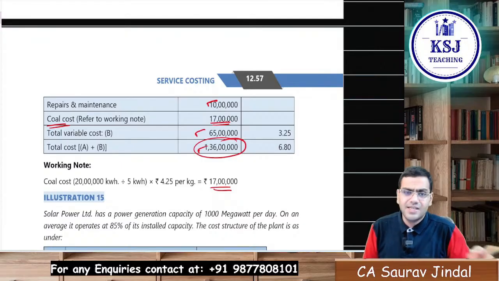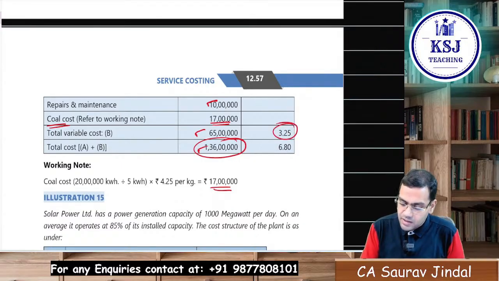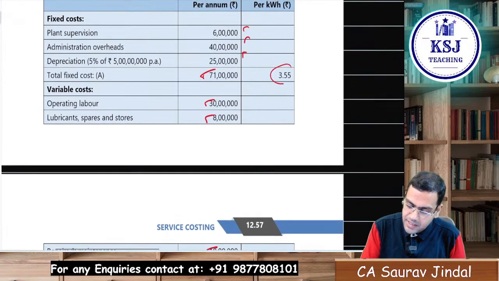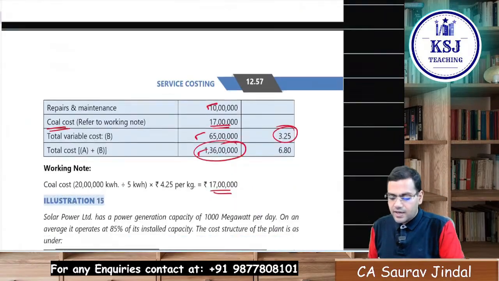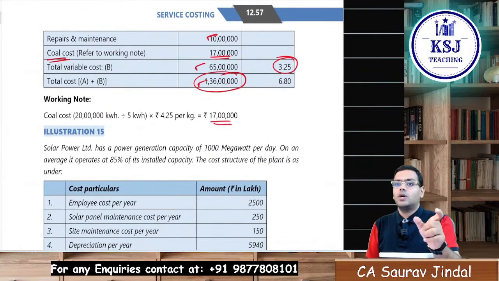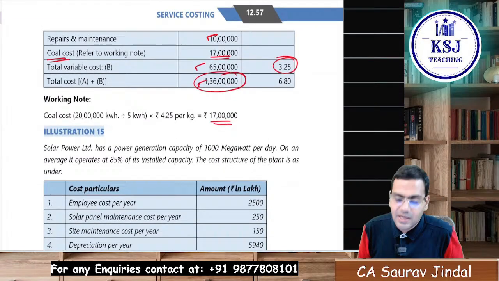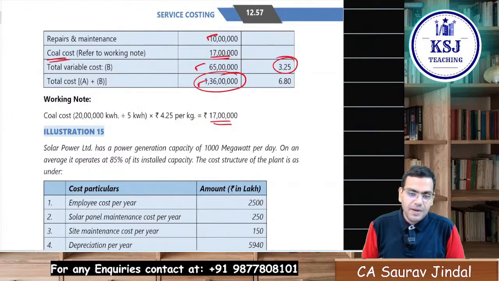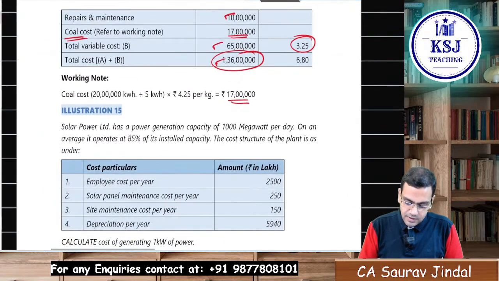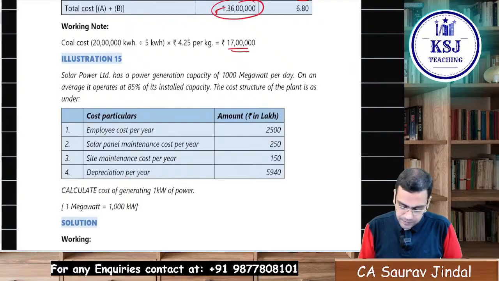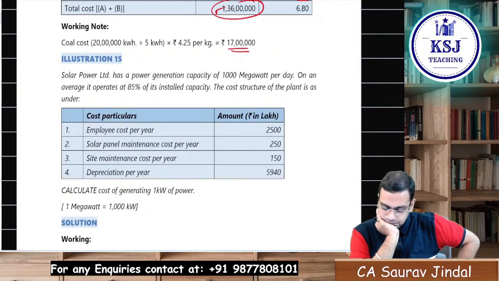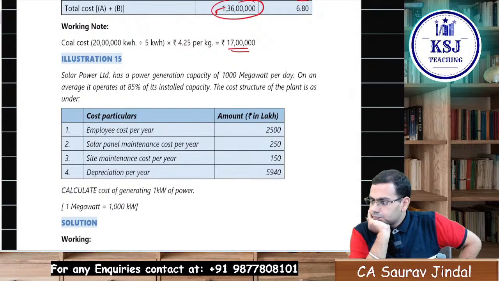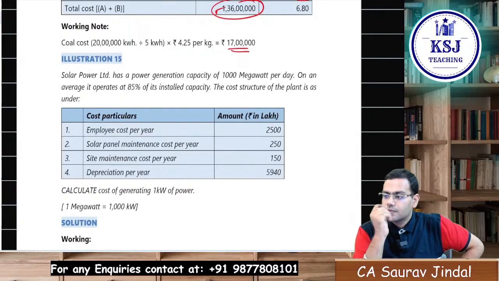So it is not necessary that you have to calculate it here and here. You can simply take all that cost first, then total cost divided by the total kilowatt hours, that is 20 lakhs, that will give you the cost per kilowatt hour. Is it clear? Is it clear?